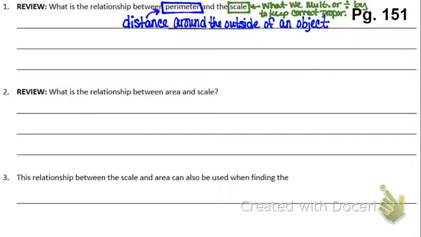It's what allows us to make maps. It's what allows architects to make blueprints, so that then other people are like, okay, I know how big this should actually be. The relationship between the perimeter and the scale, we're just going to multiply or divide by whatever our scale is.